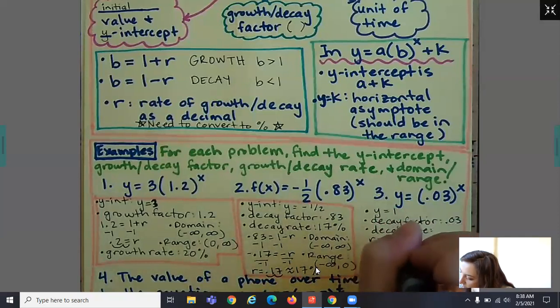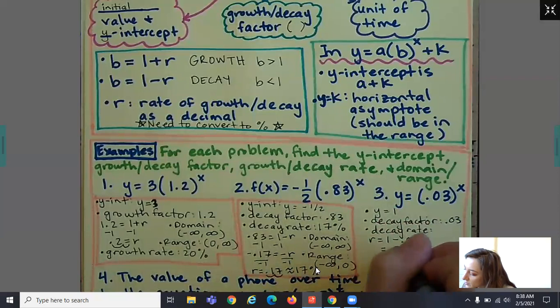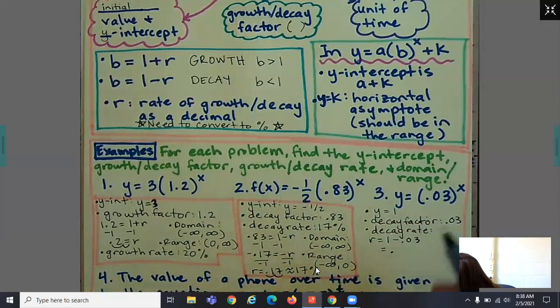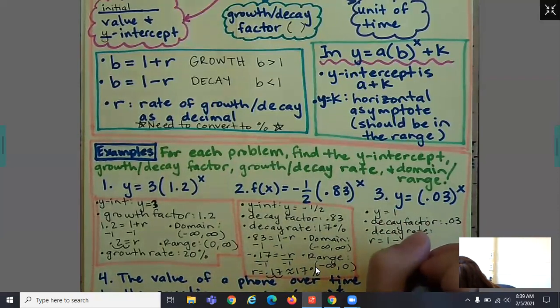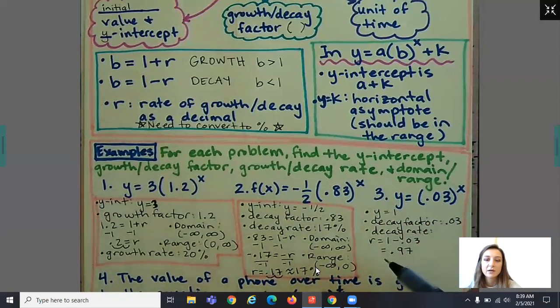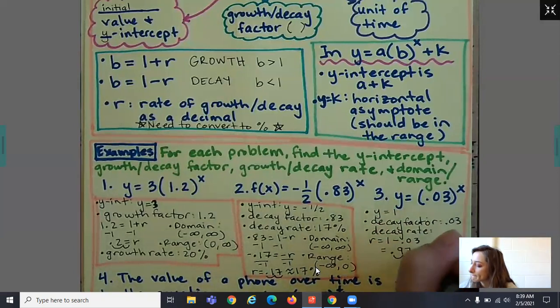So r is equal to 1 minus b. So 1 minus 0.03, which means that r is equal to 0.97. And then we're just going to convert this to a percentage. So moving this to the right two, this is going to give us 97%.